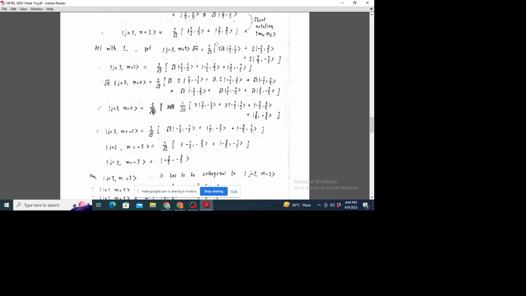Once you know that your J equal to 3, M equal to 3 state is this, all you have to do is act with lowering ladder operators until you reach the lowest weight state with J equal to 3. Okay.